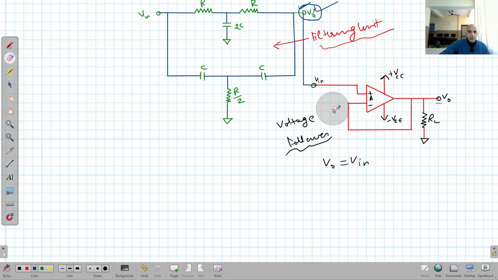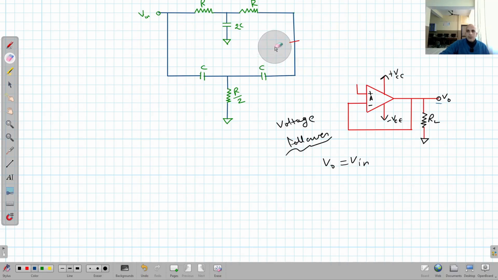So now I am going to erase this part of the circuit.